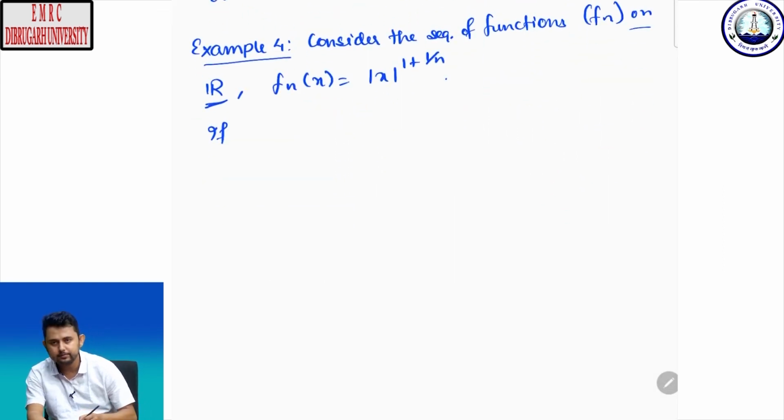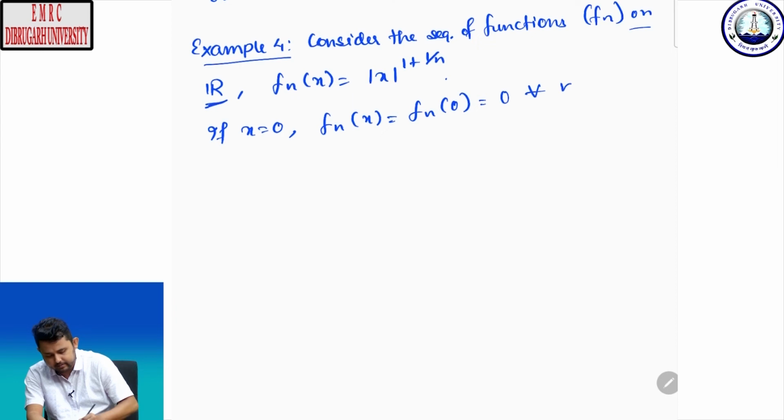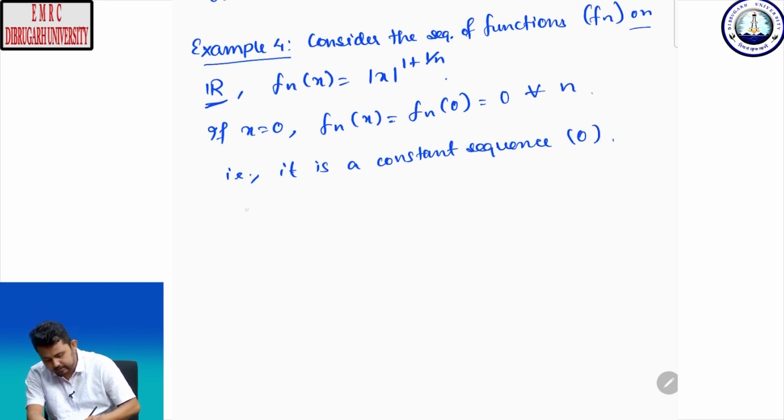So, if x equals 0, it is obvious that fn(0) is nothing but 0 for all n, that is, it is a constant sequence 0. So, in this case I can write limit fn(x) equals 0.